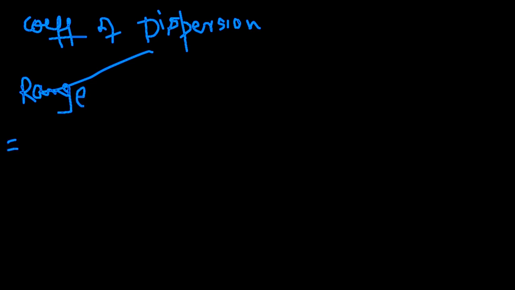So its formula is maximum value minus minimum value over maximum value plus minimum value. This is x max, okay? Your data's maximum value. And this is x min, your minimum value.